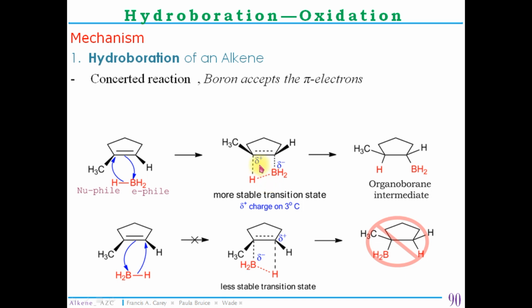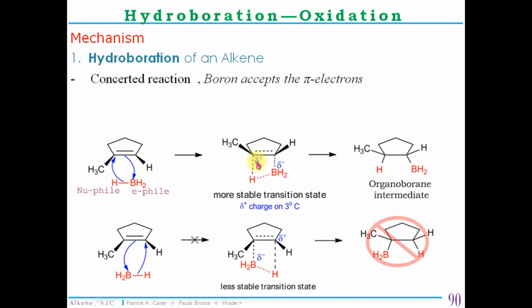Here we can see that the delta positive charge is generated on a carbon which is more substituted, and here the delta positive charge is generated on a carbon which is less substituted compared to this transition state.